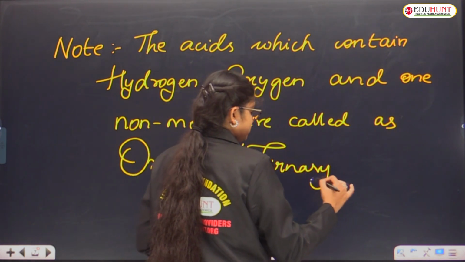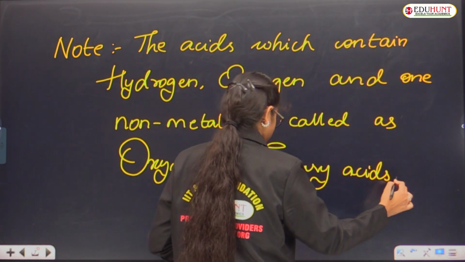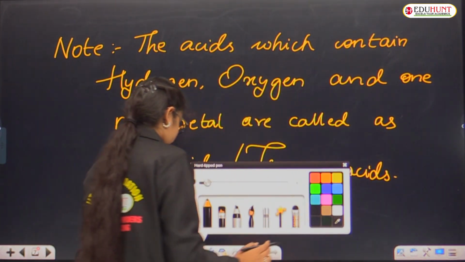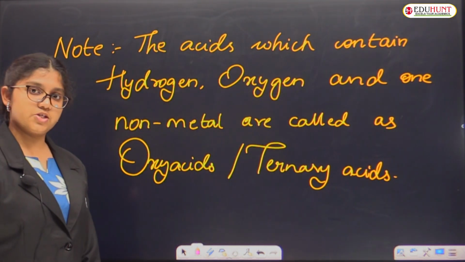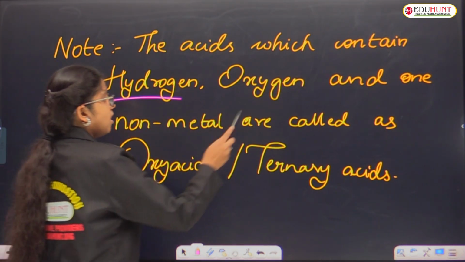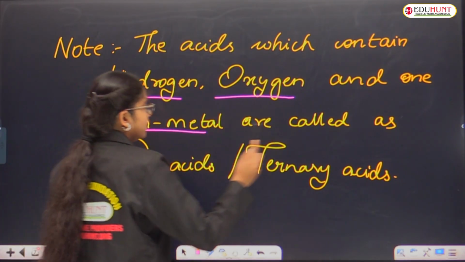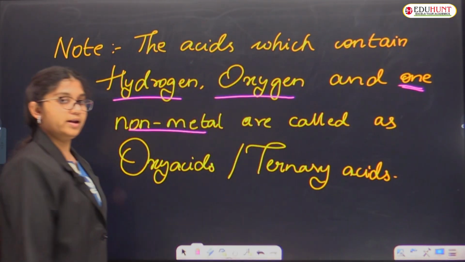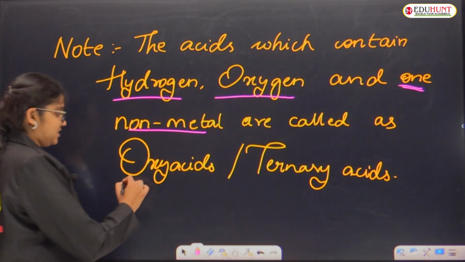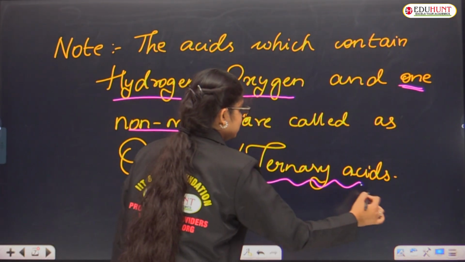So, once again, those acids which contain hydrogen, oxygen and 1 non-metal are called which acids, children? Oxyacids, also called ternary acids.